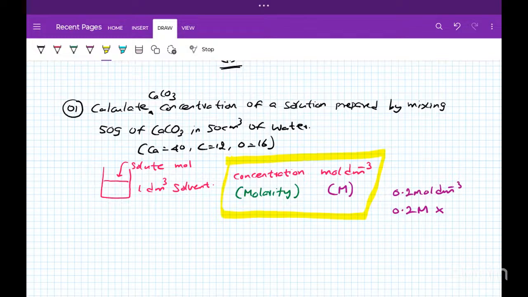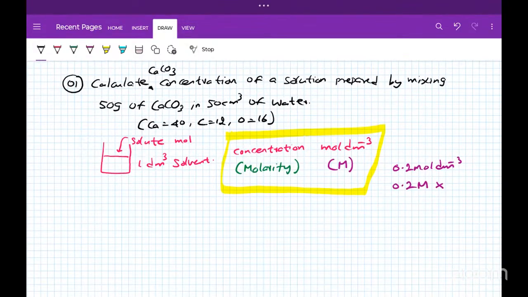So these units and this name also need to be remembered, right? So now we can calculate moles of calcium carbonate in 50 cubic centimeters. You can say mass divided by molecular mass of calcium carbonate.